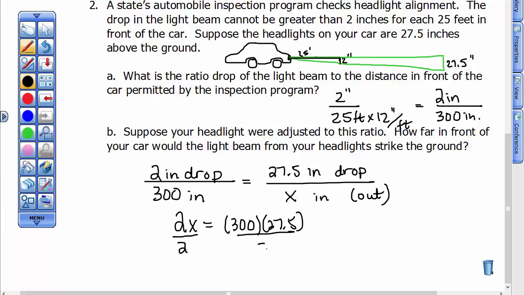Then divide both sides by 2, you would find out that your beam could go 343.75 feet, and I'm going to round that to 344 feet. Another use of similar triangles, in order to find a distance that might be inaccessible to me.